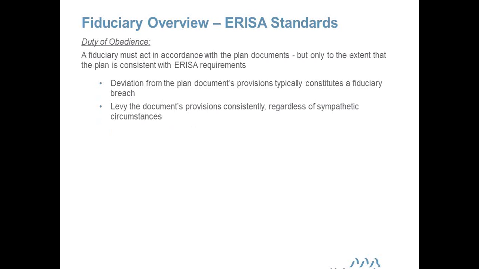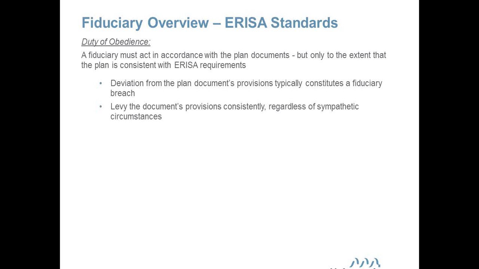And the duty of obedience. You're required to act in accordance with the plan documents to the extent that the plan documents are in compliance with ERISA. A good example of that is that recently we've had the Windsor decision that affects the federal rule on who is a spouse.